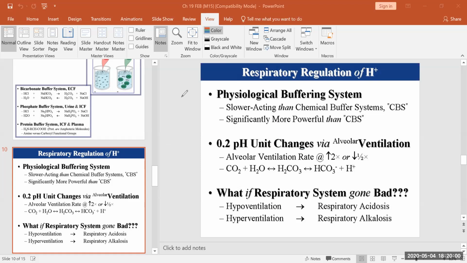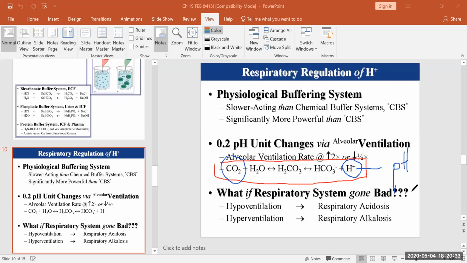The way you breathe, you can quickly change the pH of your blood plasma through this relationship here, one of the most important equations for your entire clinical career: the relationship between CO2 and proton, because this proton is related to pH.